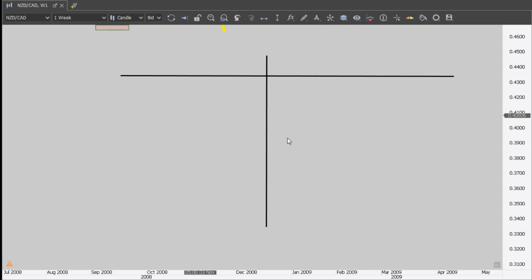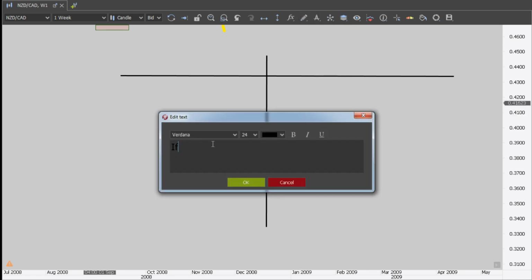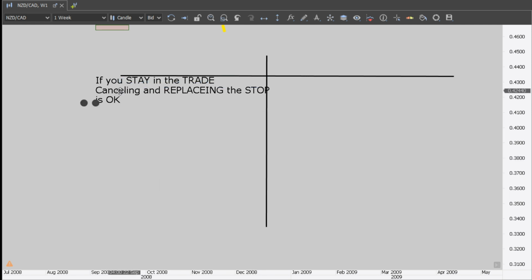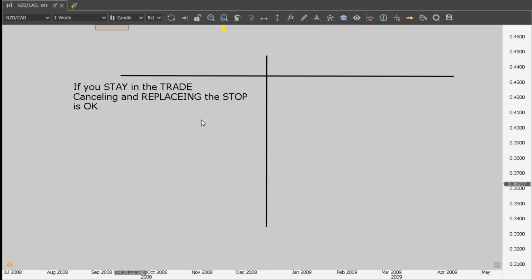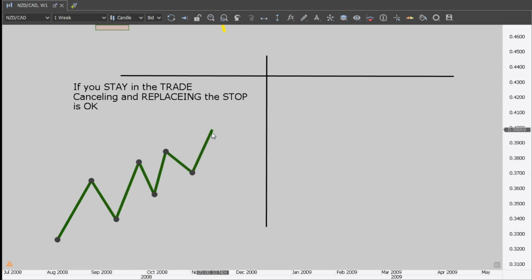Let's learn something more. If you stay in the trade, some of you are saying, well, but you said that we should cancel and replace the stop. Yes.